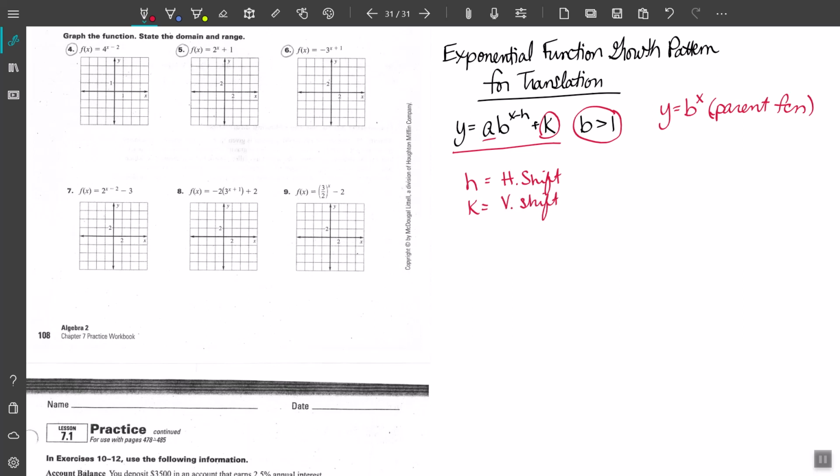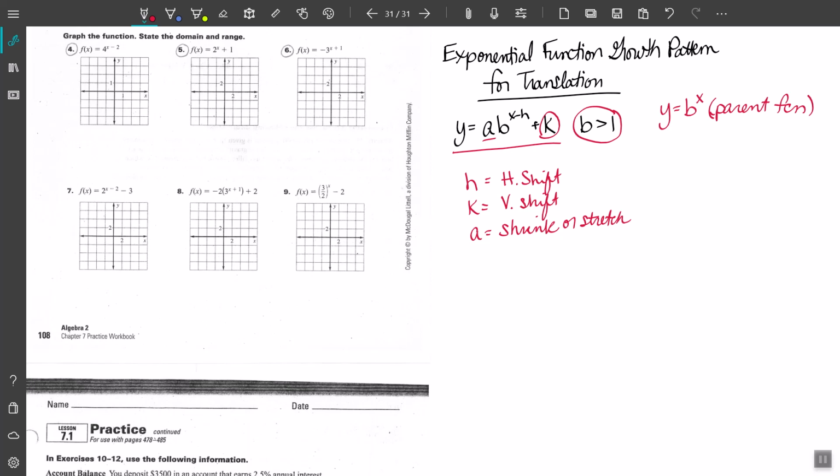And the a value shows your shrink or stretch. So it works the same on this function as it has on all the other ones we've done this year. The x minus h is written as a difference. The plus k is written as a sum. So the same patterns are going to apply to this function as well.